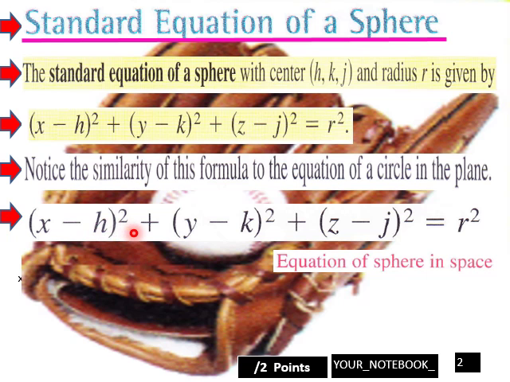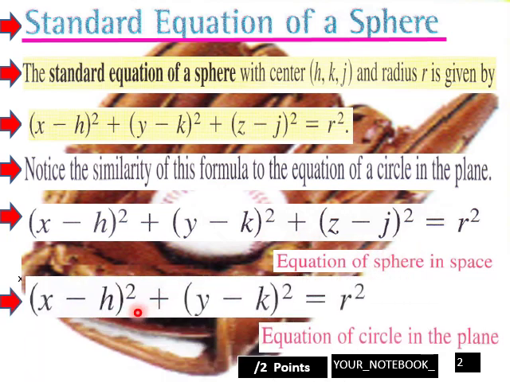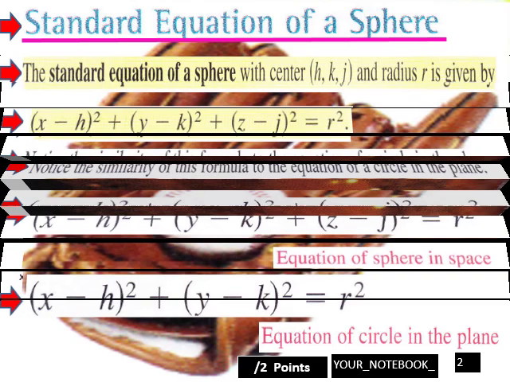This is the equation of a sphere in space. And then x minus h quantity squared plus y minus k quantity squared equals r squared. Remember, this is the equation of a circle in the plane. So there are similarities here.